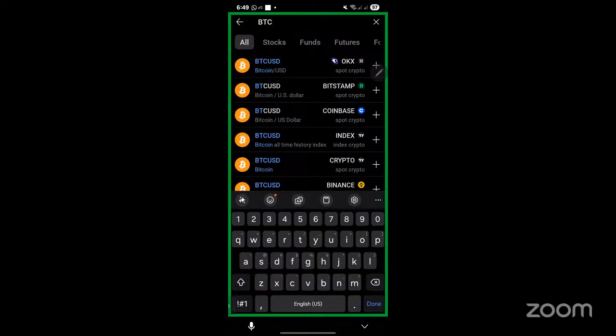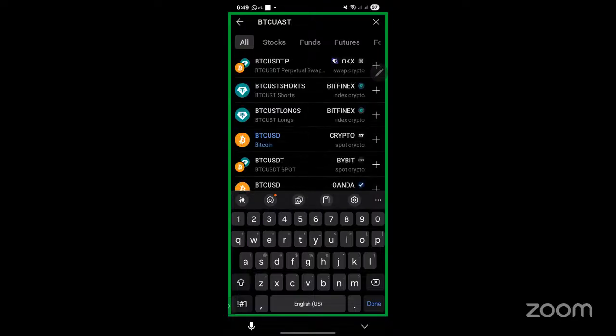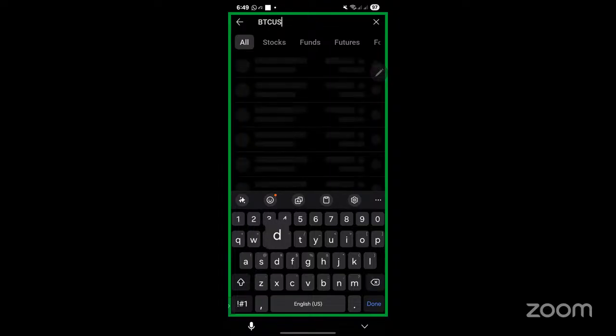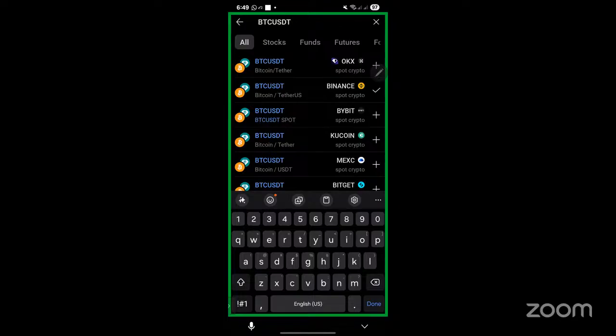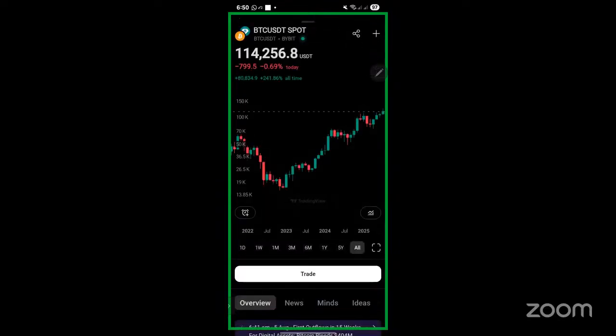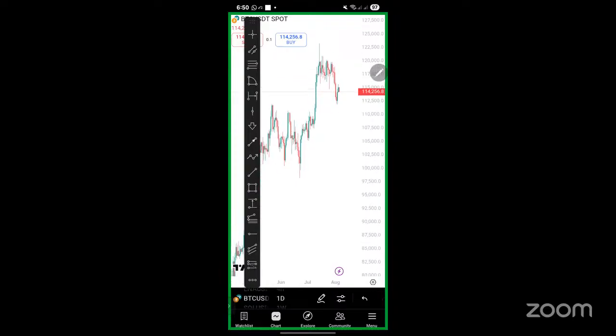BTC USDT. Let me take this one of Bybit on the spot, because I've not made an analysis on it.